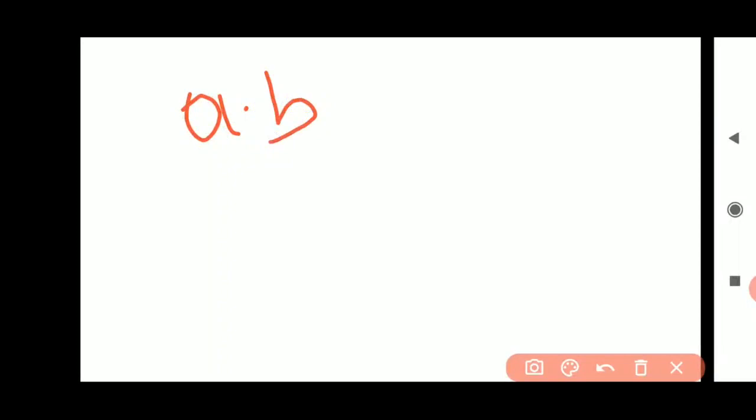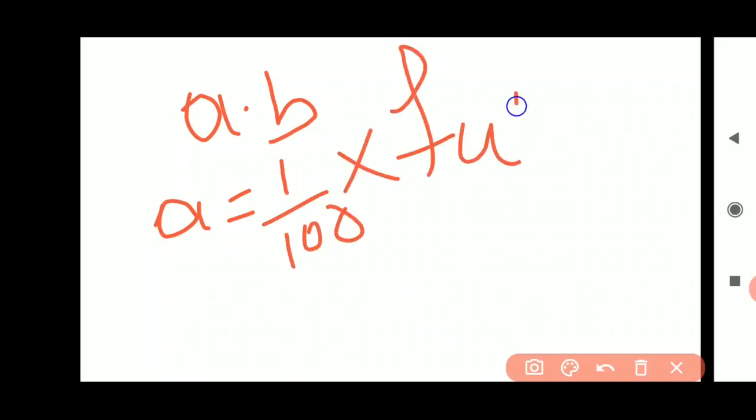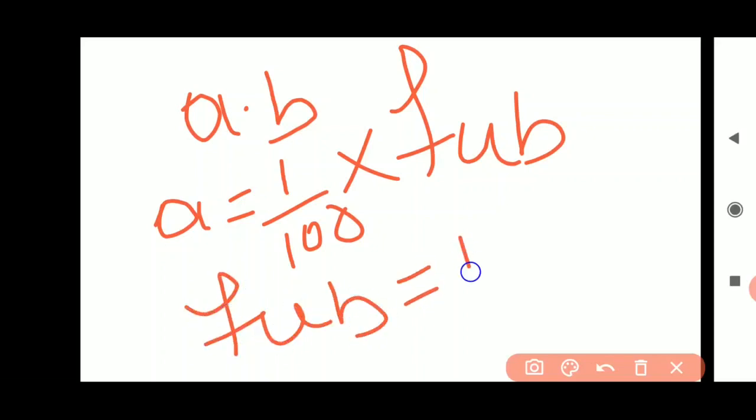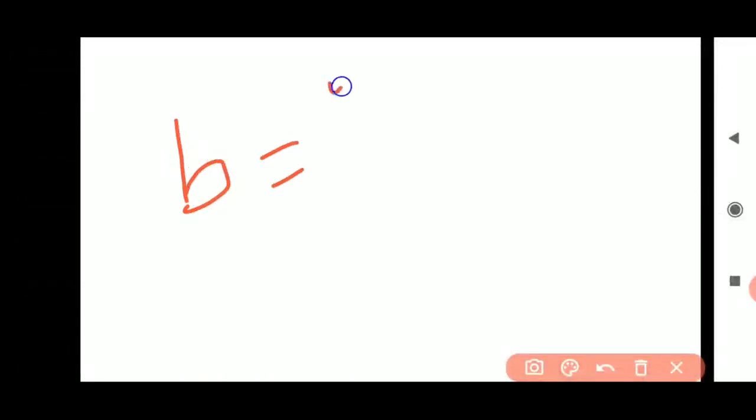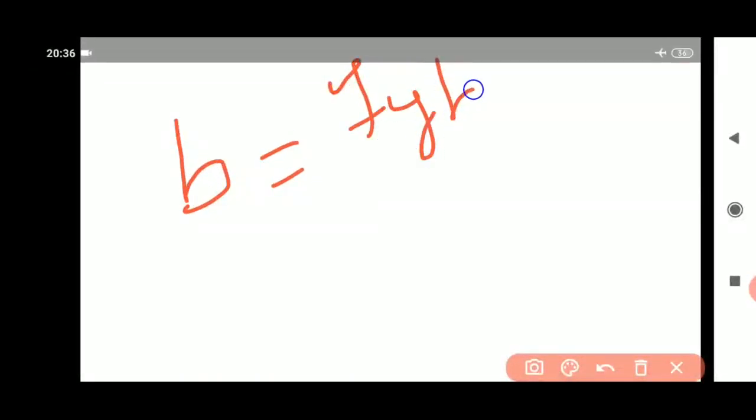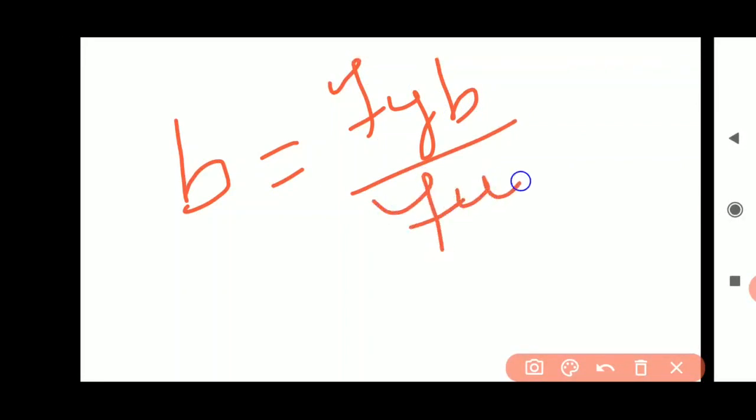Here A is 1 by 100 into ultimate strength of bolt. So we can calculate the ultimate strength of bolt as 100 into A. And B is yield strength of bolt divided by ultimate strength of bolt.